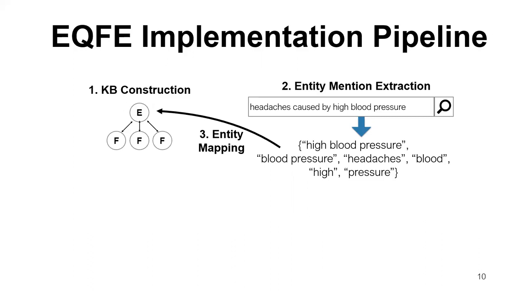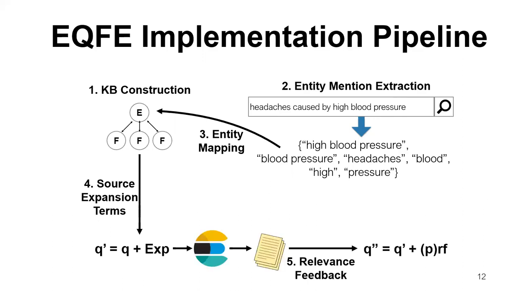Third, we map the extracted entity mentions to entities in the knowledge base. Fourth, we investigate the best source of expansion terms from the knowledge base. The last step, the fifth step, we consider relevance feedback methods to further improve the effectiveness of the already expanded queries.